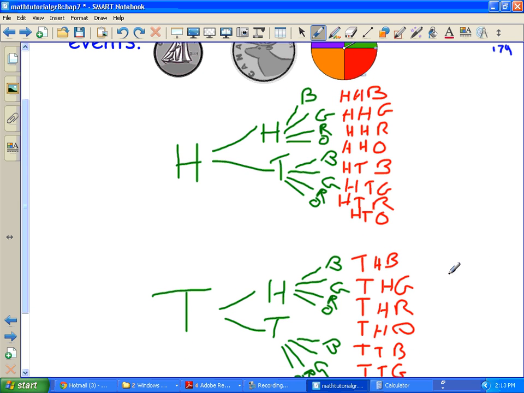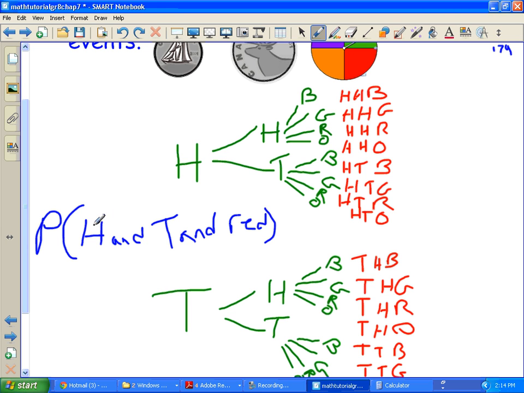Now looking at that chance, what's the probability of tossing a head on the dime, a tail on the quarter, and a red on the spinner? So I'm going to put that in proper format. What's my probability of a head, followed by a tail on the quarter, and red?